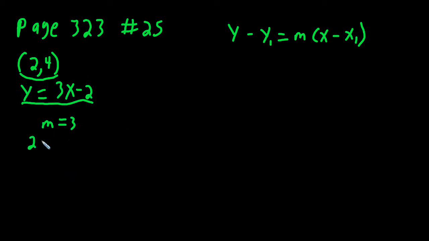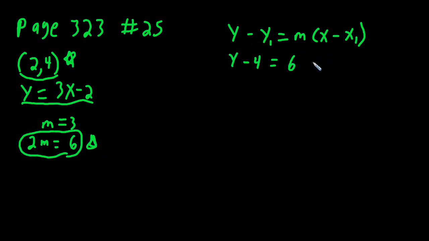So for one equation, we'd use a slope of 6 and the ordered pair up here in our formula for finding the equation of a line. So with (2, 4) for the point, and 6 for the slope, which makes it twice the slope, I'll distribute the 6. 6 times 2 is 12, and if I add 4 to each side, I'll have it here.